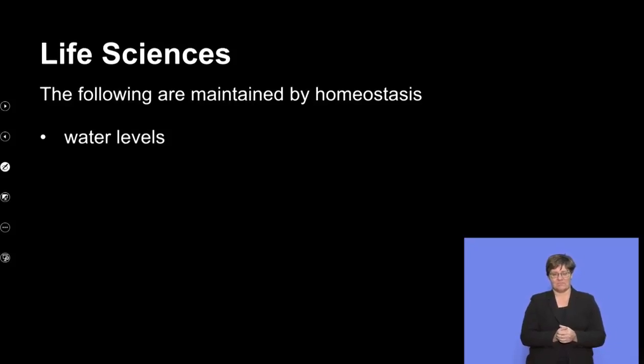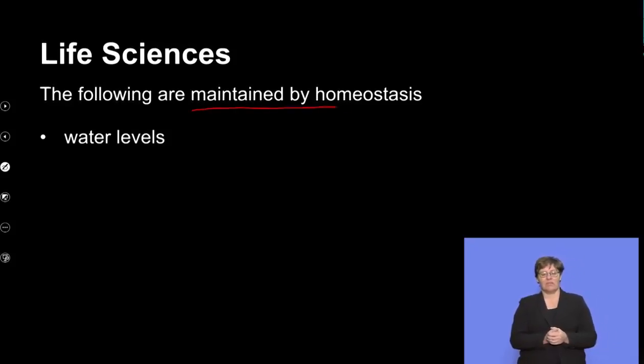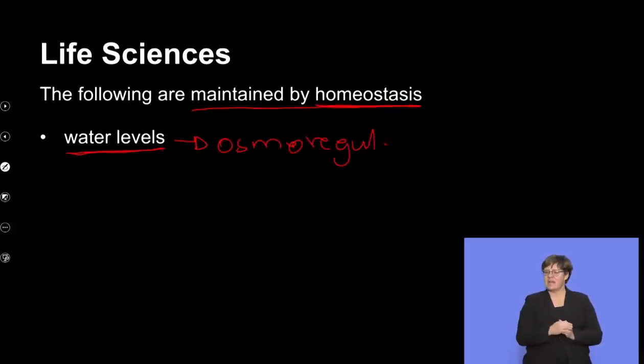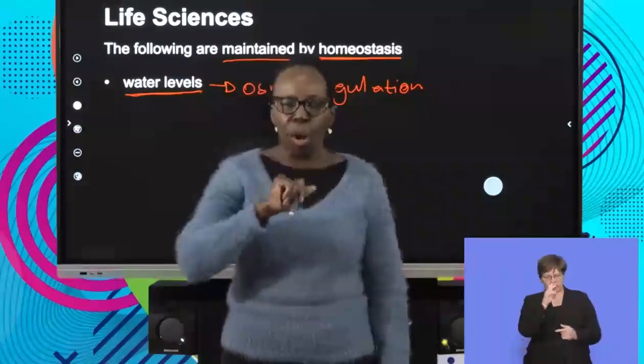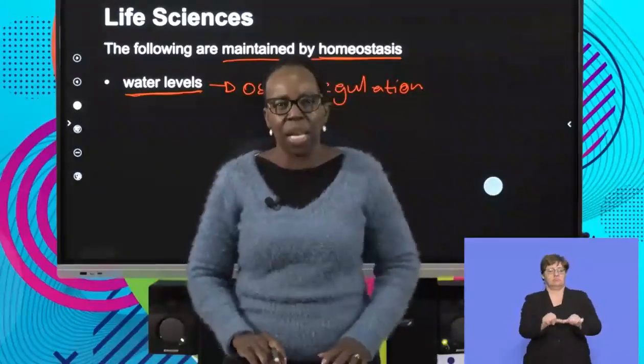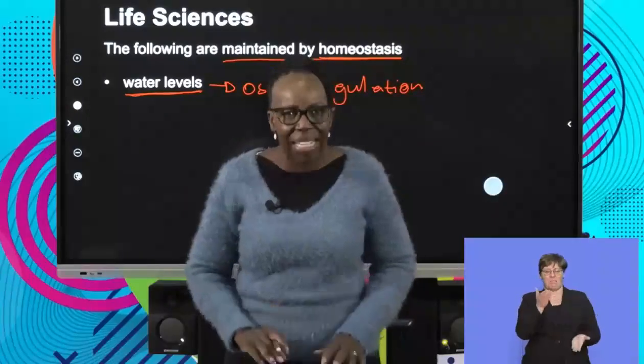Then we're looking at maintenance of water level, homeostasis, maintaining the balance of the internal environment. But now we are looking at water level. Here, remember we did talk about osmoregulation in the beginning. So we're looking at how the water inside our bodies is maintained at a balance, at a level that we refer to as a balanced level.